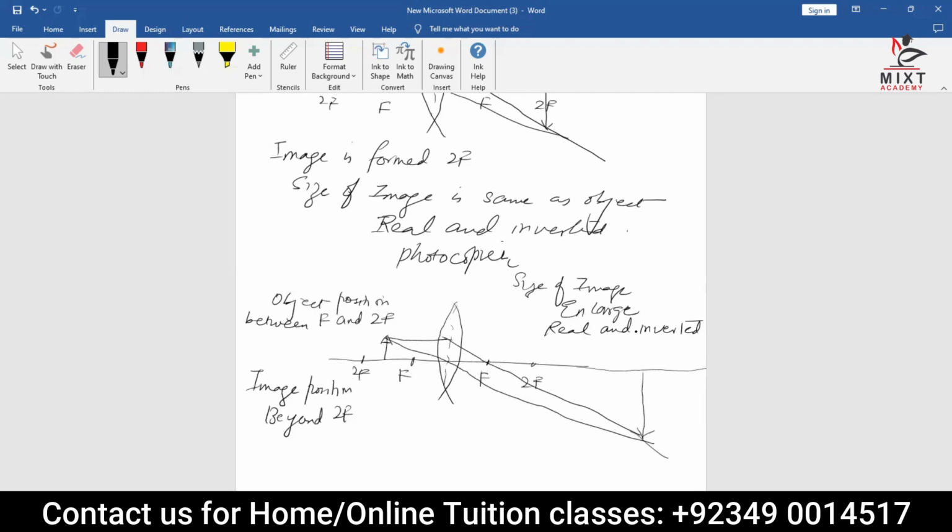Now, what is the practical application for this particular case in our real life? Anyone have any guesses? A practical application where the image size is greater than the object size. Yumna, Armina, anyone?